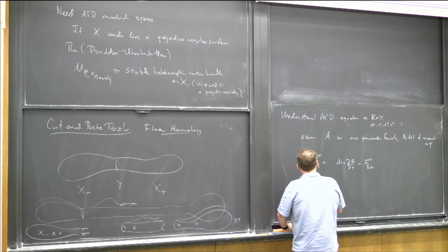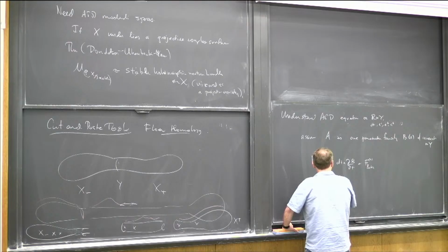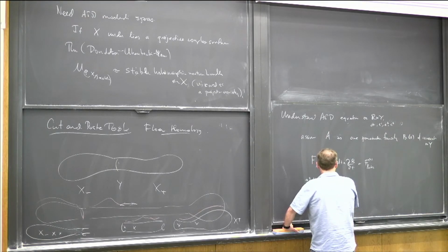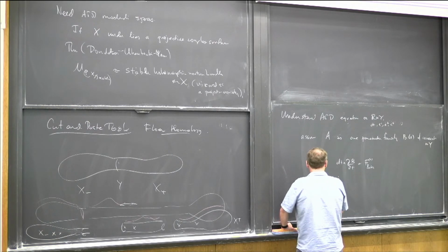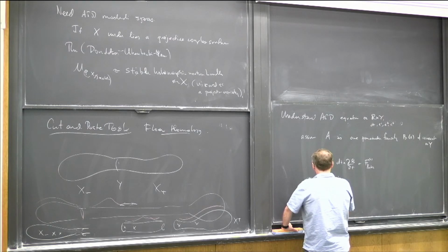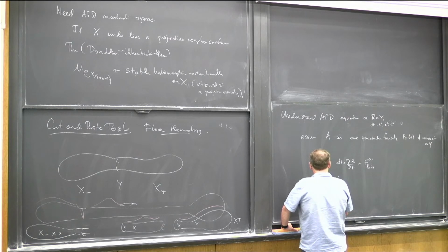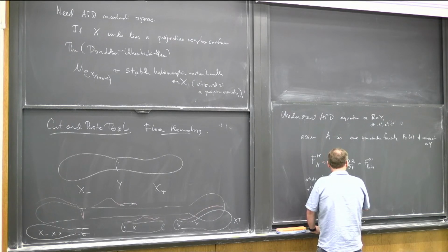The four-dimensional Hodge star of dt wedge e_i is just the three-dimensional Hodge star of e_i, and also the four-dimensional Hodge star of e_i wedge e_j is dt wedge the three-dimensional Hodge star of e_i wedge e_j.